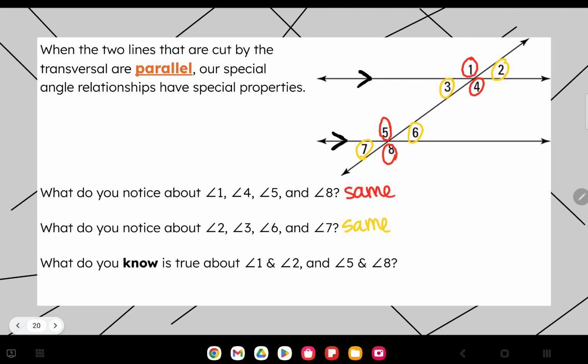Now, what do we know for a fact is true about angle 1 and angle 2? They are a linear pair. So they are supplementary.